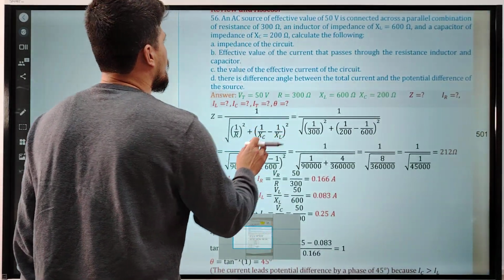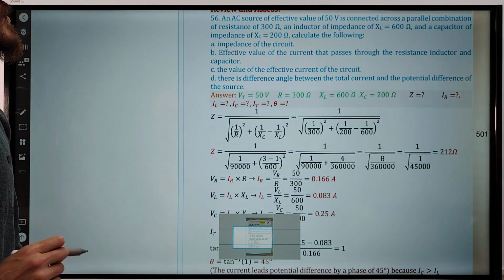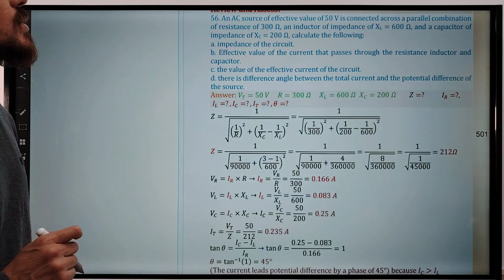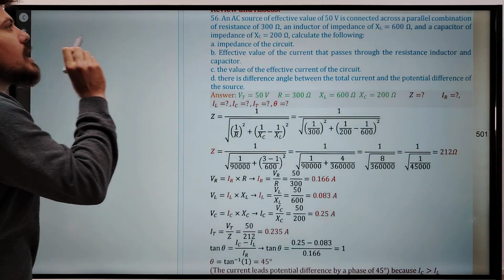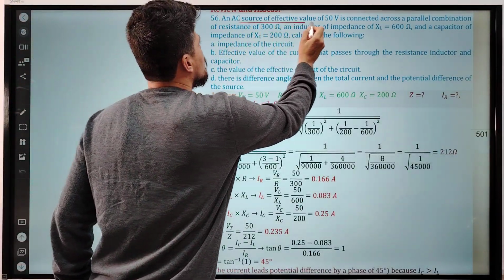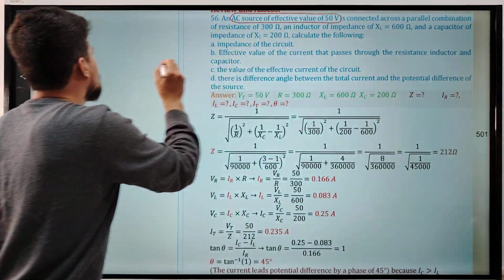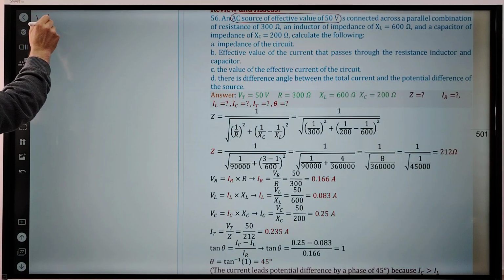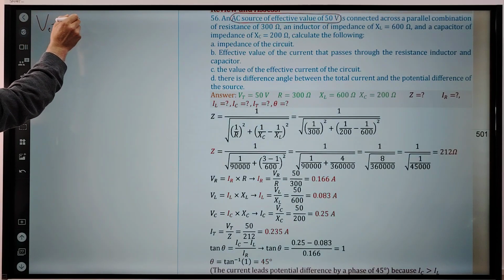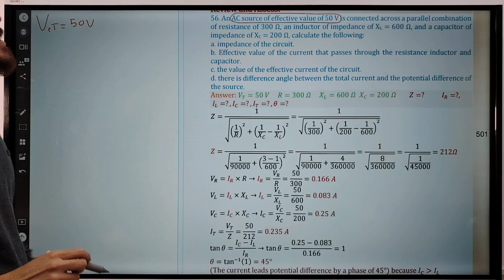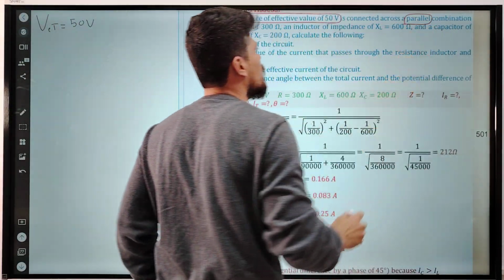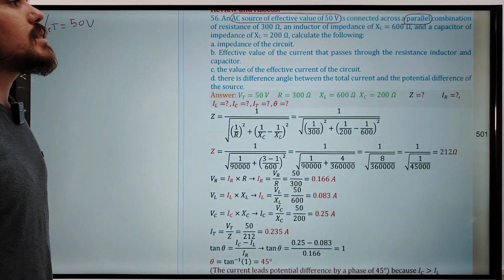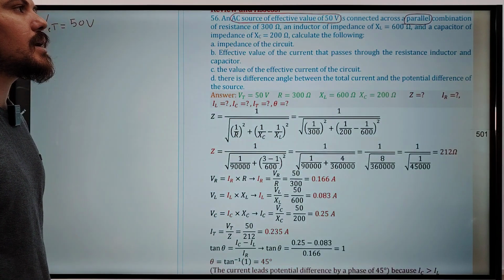An AC source of effective value of 50 volt. What is this? This is the effective value of the potential difference of the source. It means that this is V effective total. V effective total is equal to 50 volt, connected across a parallel connection. What is the connection, a series connection or a parallel connection?